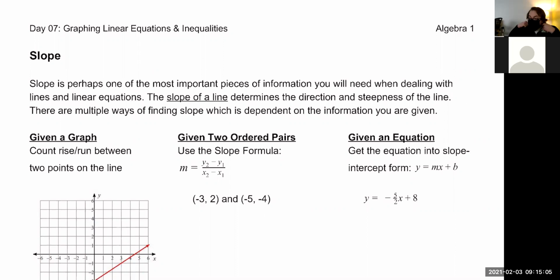So yesterday, we started this unit talking about linear equations, and those linear equations, when they're plotted out on a coordinate plane, graph as a line. We started off with the most basic of building blocks when it comes to graphing, and that was the points, which we used ordered pairs to find where they were located, and then paired that up with creating a table along with an equation.